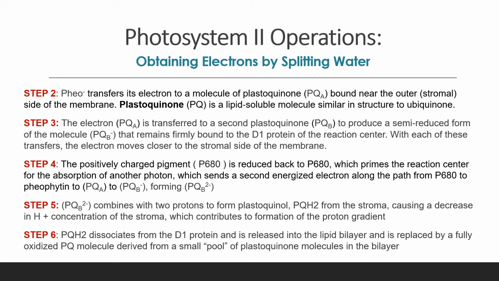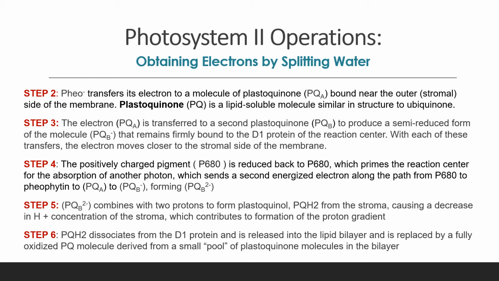In step 5, this reduced form combines with 2 protons from the stroma to form plastoquinol, PQH2, causing a decrease in hydrogen concentration of the stroma, which contributes to the formation of a proton gradient.